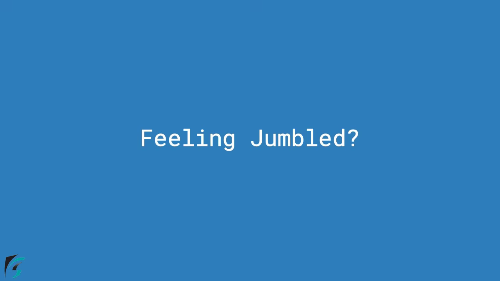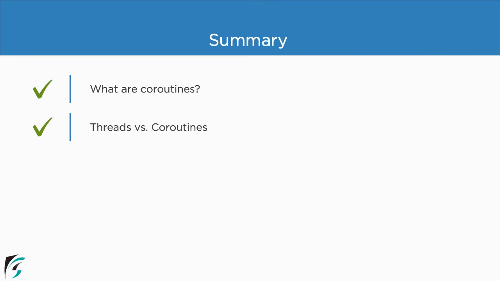If you are feeling jumbled at this point of time, then let us summarize and get a big picture of what we have covered so far in this video. At this point of time, we now know what coroutines are and how they are different from threads. We then learned how to set up a Kotlin project and add the coroutine dependency by using Gradle.